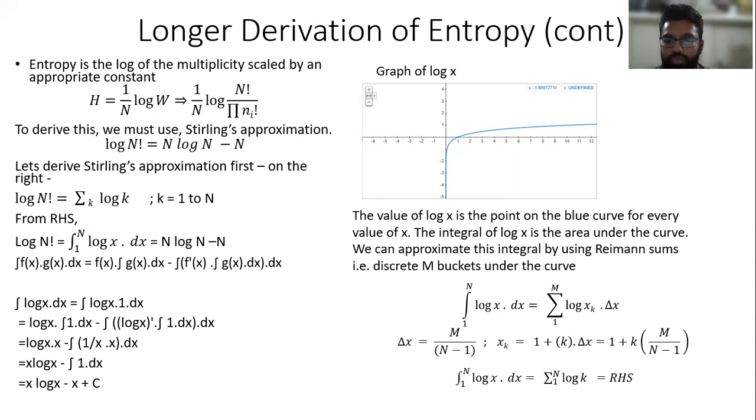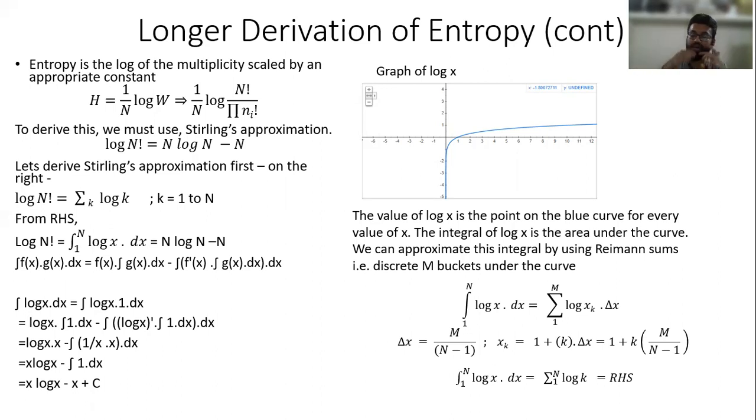And x_k is equal to 1 plus k times delta x, since we're looking at this portion of the curve. You can see that when k is 0, x_k is equal to 1 because we're starting at 1. If you substitute delta x for what we just saw, then x_k is just 1 plus k times m over n minus 1.